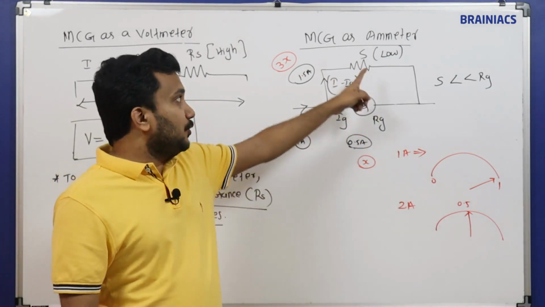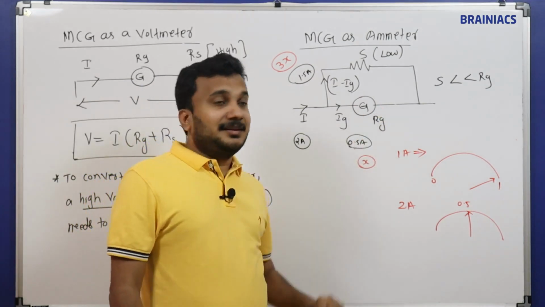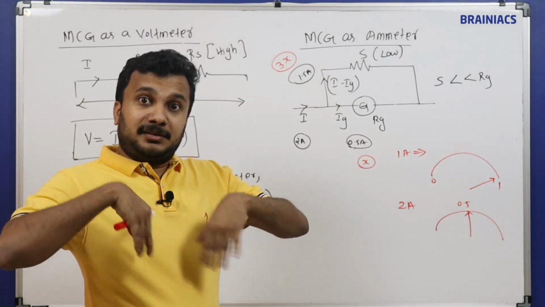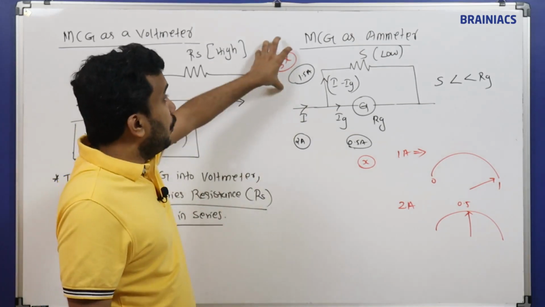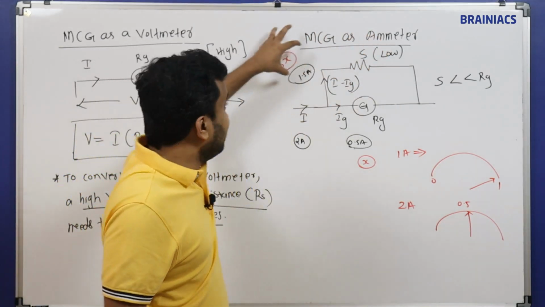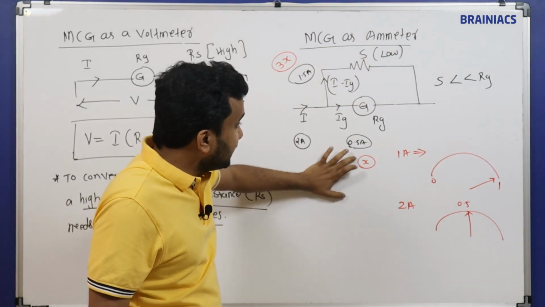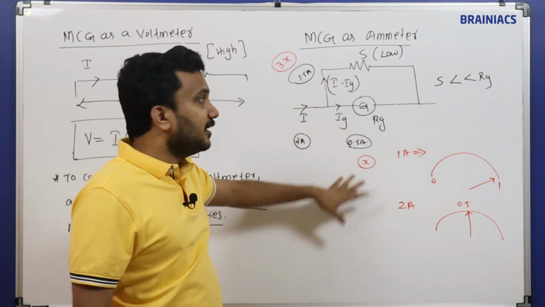Because I know the value of the shunt resistance, if this resistance is x, then the other resistance should be x by 3. Then 3 times the current will go through that branch. More current means less resistance: 3x current means x by 3 resistance, and x current means 3x resistance. More resistance, less current.